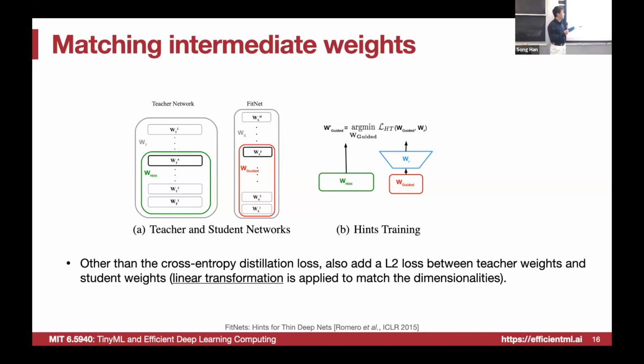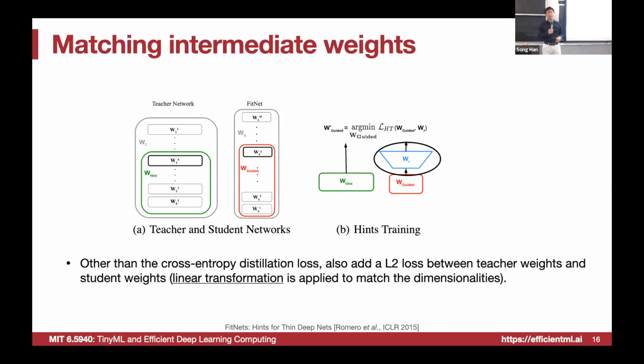So other than the cross entropy distillation, we can add the L2 loss between teacher's weight and also student weight. Now, of course, the linear transformation is needed to match the dimensionalities between the teacher and the student. So that part, the blue part, is the linear transformation.